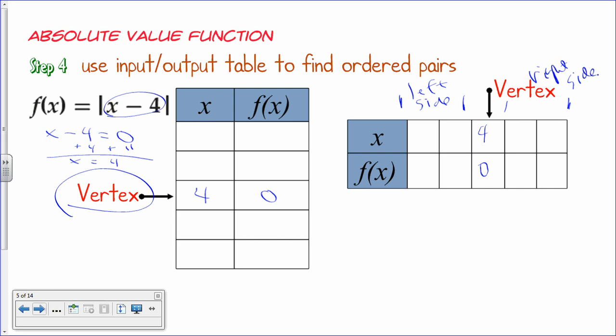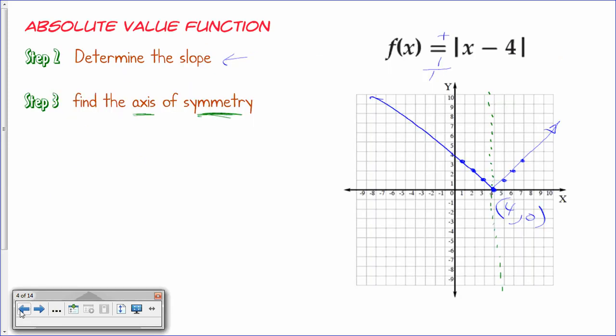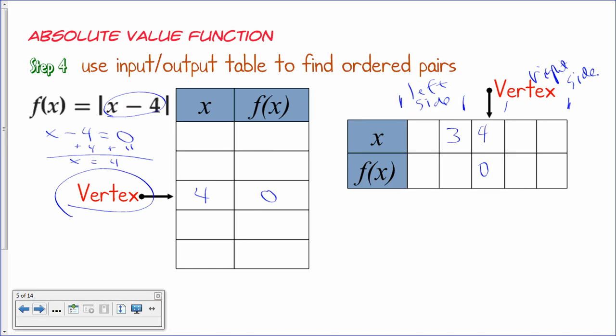So if I go back to my graph over here, what's the next number to the left of 4? What's the next number to the left of 3? Okay, what's the next number to the right of 4? The next number there?